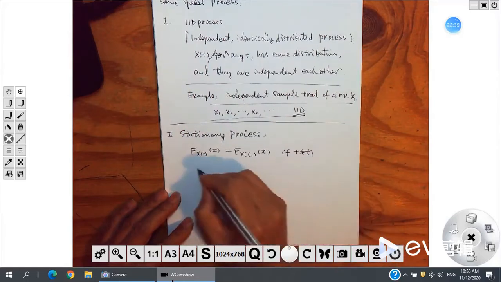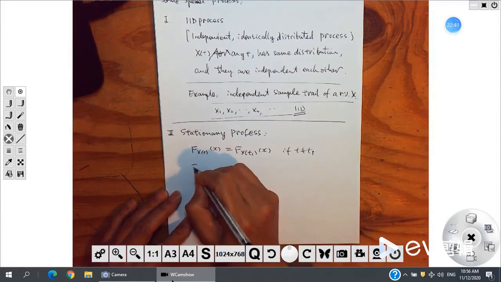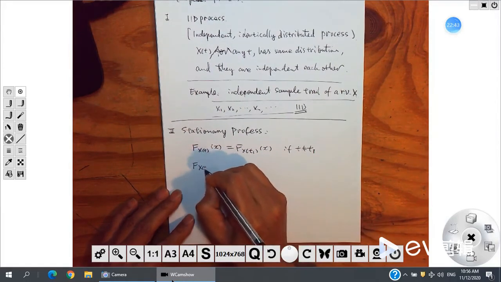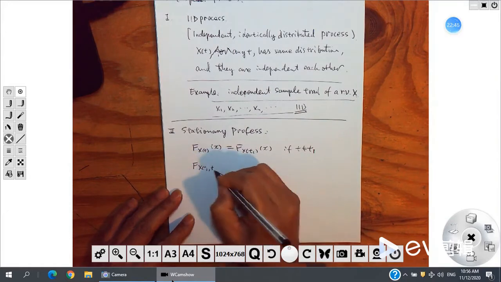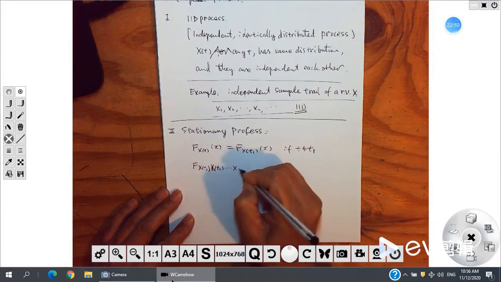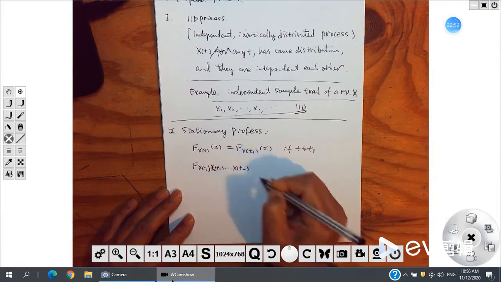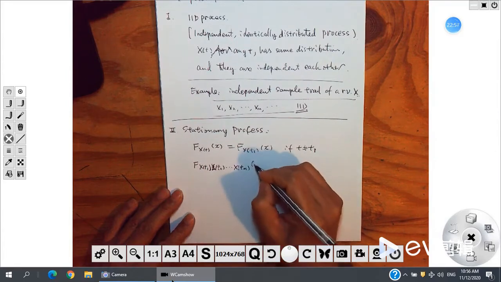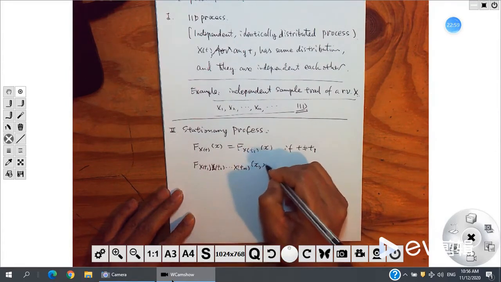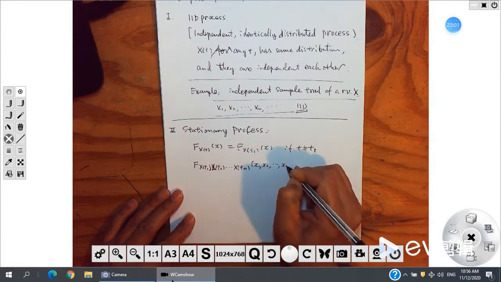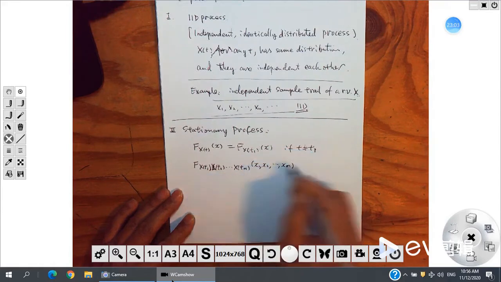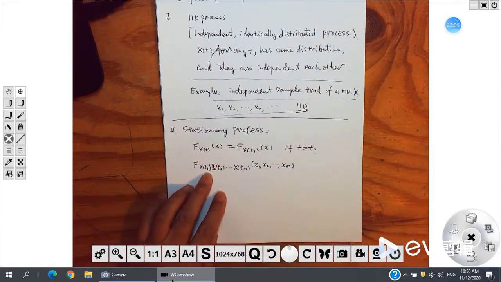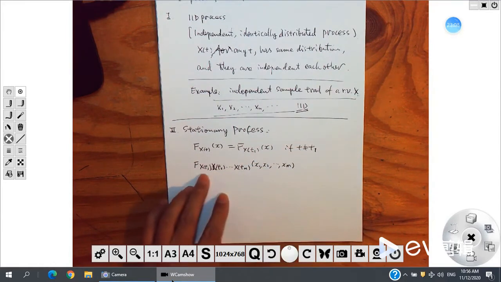Okay, and the second we want F of X(t1), X(t2). We pick any m of the random variables from the process, X1, X2, to Xm. This is the CDF of these m variables from the process.